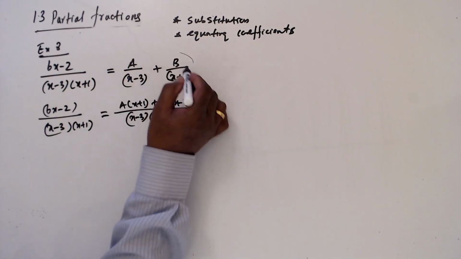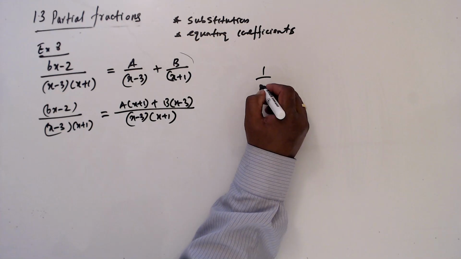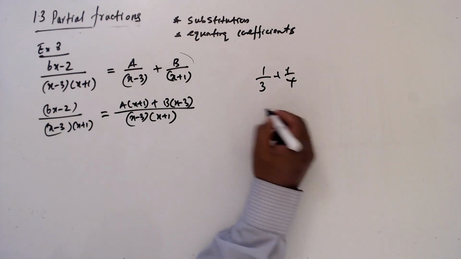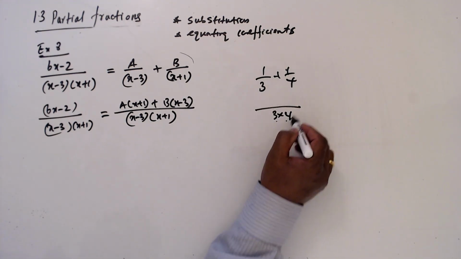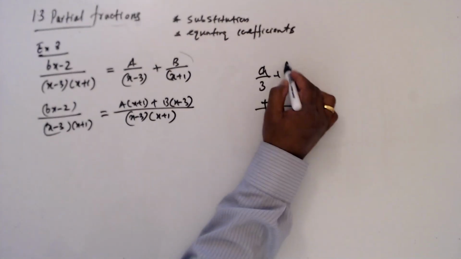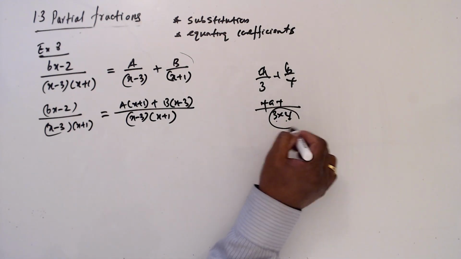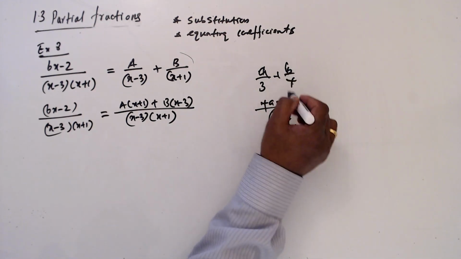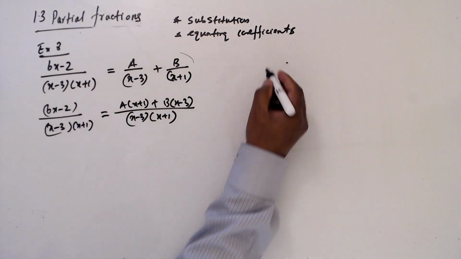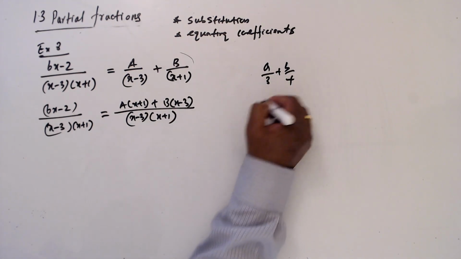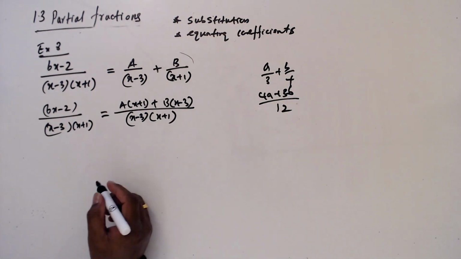Just like 1 over 3 plus 1 over 4: 3 times 4, how many 3's go into 12? 4, so 4 times 1 is 4. Write A and B: 4 times A is 4A. How many 4's go into 12? 3, so 3 times B is 3B. For A over 3 and B over 4 you know the denominator is 12, and by observation, without thinking, you can simply write it. It's the same thing I did.